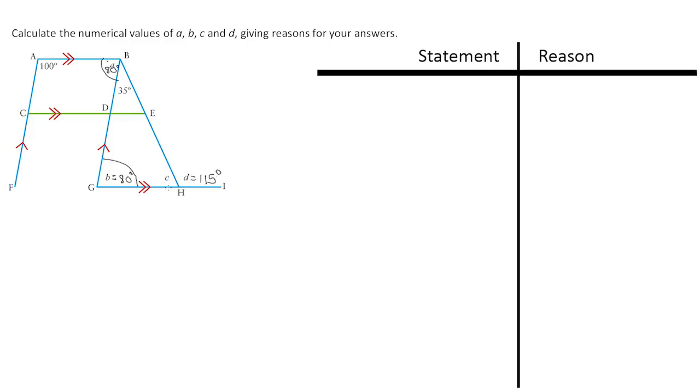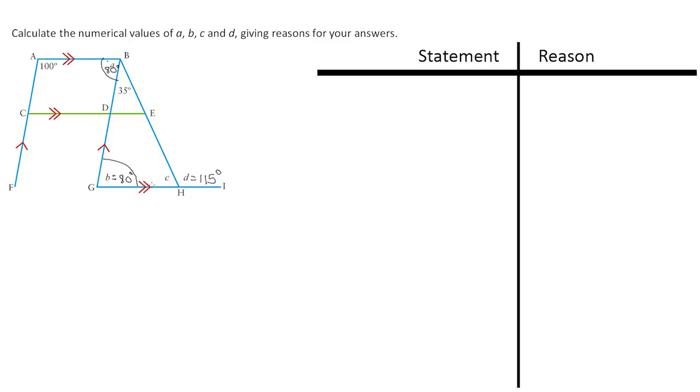And then we can calculate C from two sides. C and D are adjacent supplementary angles, which means C will be 180 minus 115 degrees, or I can use the sum of the interior angles of the triangle, where 35 plus 80 plus C must also give 180 degrees.